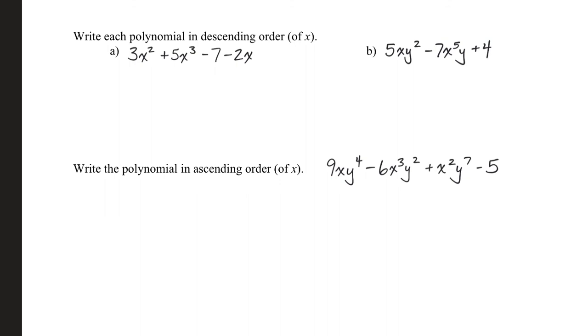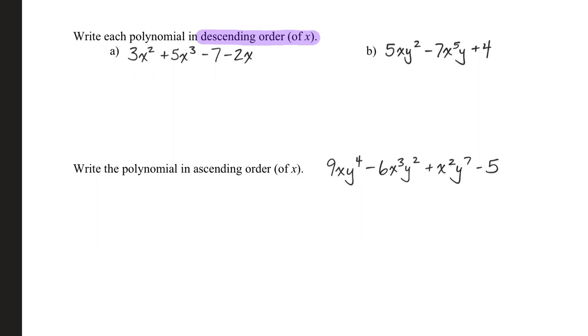What you see on the screen now describes 2 different ways that we can represent our idea. If you look at the top of the screen, it asks me to write each one of those polynomials in descending order of x. Descending order.